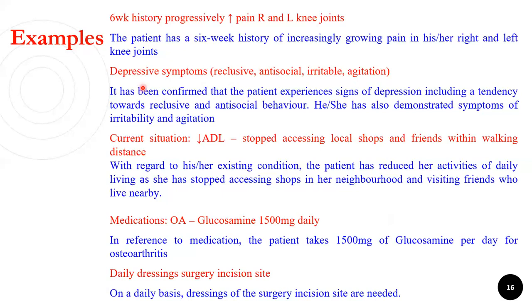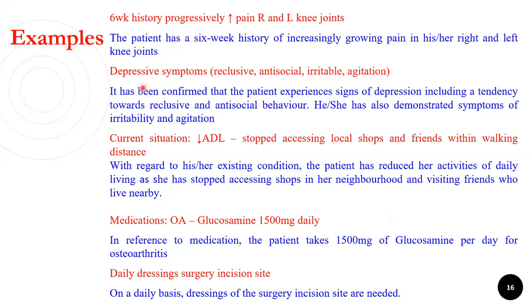Then let's look at word order. Medications, OA. You need to know what OA is. Hyphen glucosamine 1500 mg daily. Think about changing the word order, because usually, if you're writing a very complete and grammatically correct sentence, you should bring the dosage before the name of the medicine.